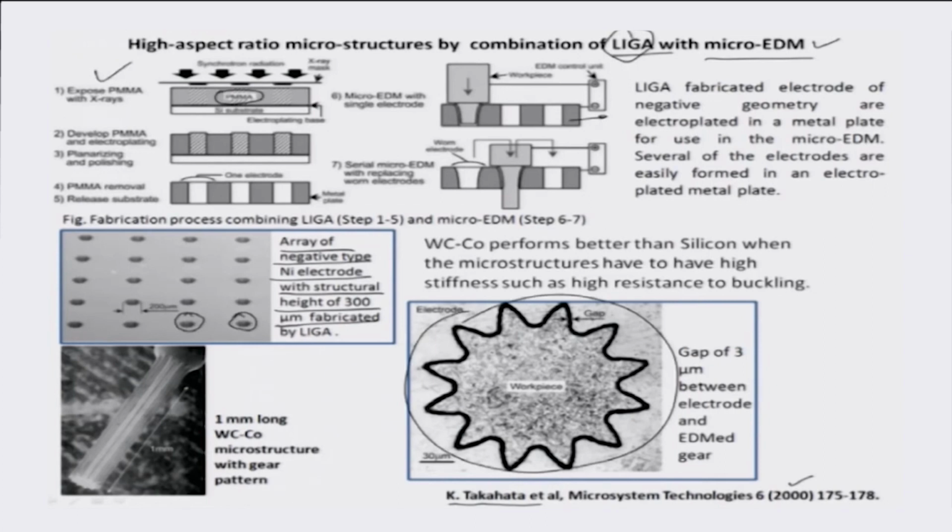As you can see here, there are various steps, just like lithography. You have a PMMA layer which is exposed to X-ray through a masking process, and ultimately we want to produce these features right here. These are negatives of micro gearings, produced with high depth.